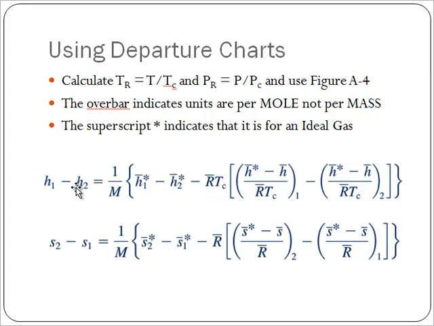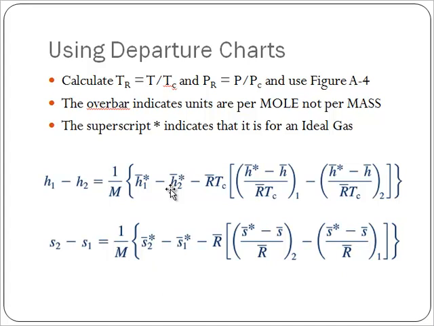So if I want to know what H1 minus H2 is for a real substance, and I'd like it to be on a mass basis, well, I'm going to do calculations on a mole basis, so I'll divide by the molecular mass. I'm going to do the enthalpy change for an ideal gas using all the equations we've already developed.